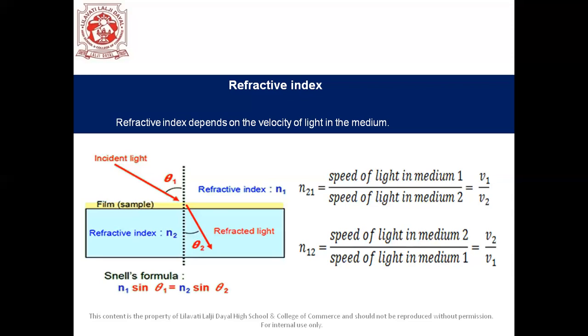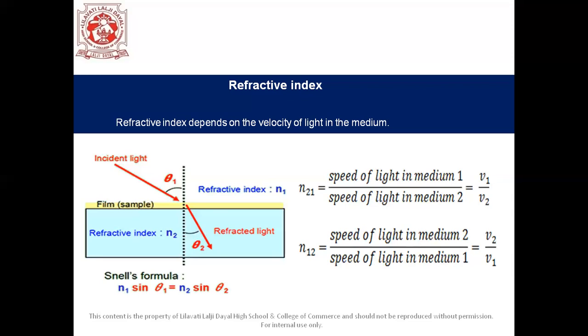Similarly, the refractive index of the first medium with respect to the second medium is given by n12, which is equal to v2 upon v1. If the first medium is vacuum, then n21 is considered with respect to vacuum. It is called the absolute refractive index of the medium, and it is denoted by n.